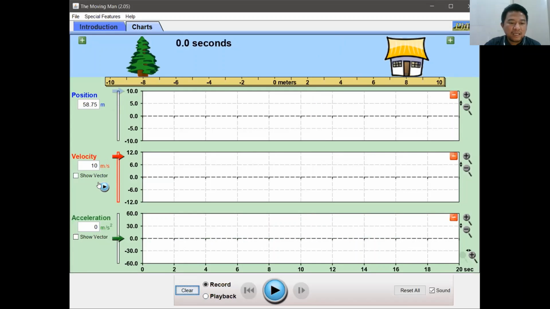Next, you can set this to be 0 and the position to be 0 and the acceleration at 1 meter per second squared, and check what happens to the three graphs actually there.